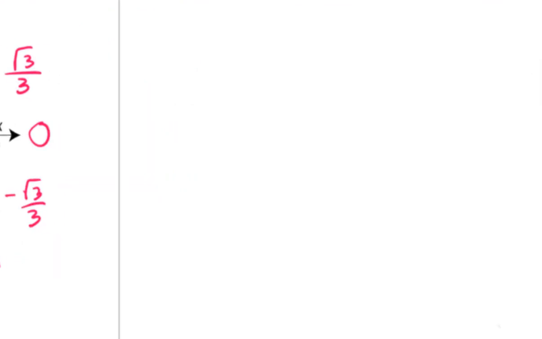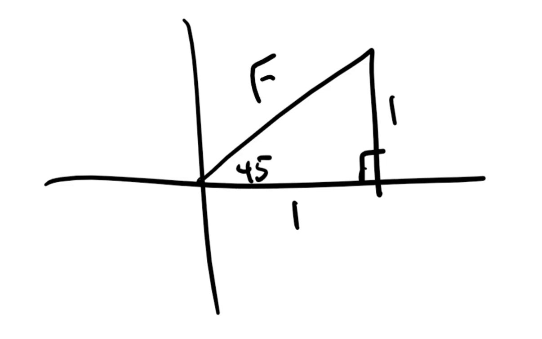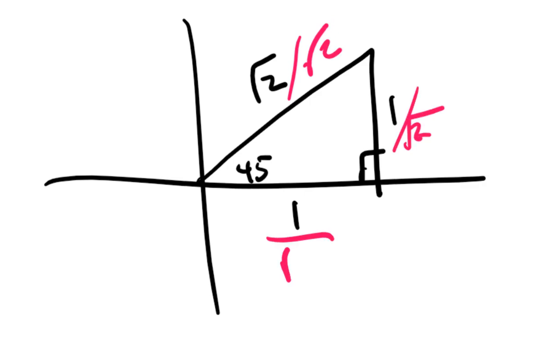If you had a right triangle and this angle was 45 degrees, then I know that the ratio of the two legs is both 1, and the hypotenuse has a side length of square root of 2. However, in order to get that to be 1, we've got to divide everything by square root of 2.